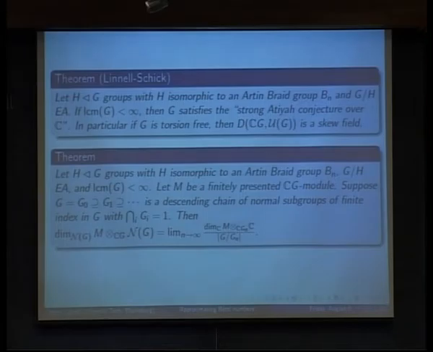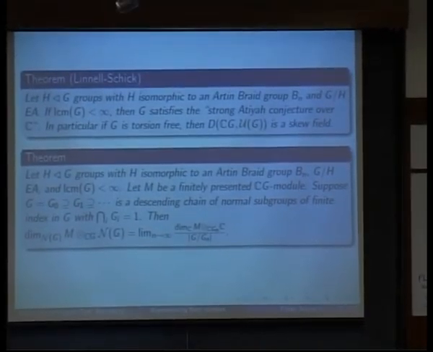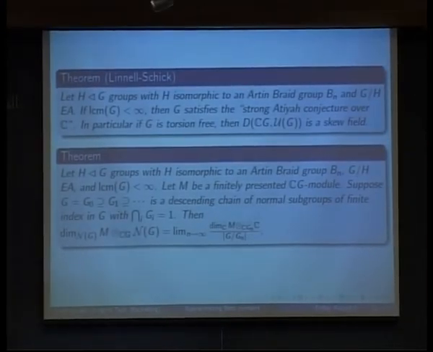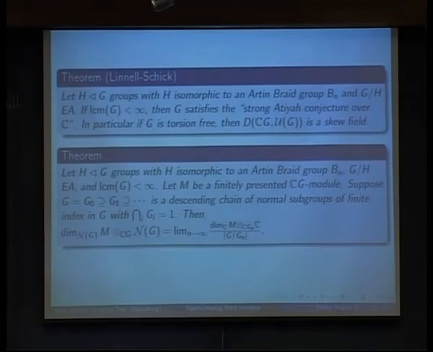Then the von Neumann dimension of M tensored up to U of G is the limit as n tends to infinity of these normalized dimensions of the quotients. So I'm finished.